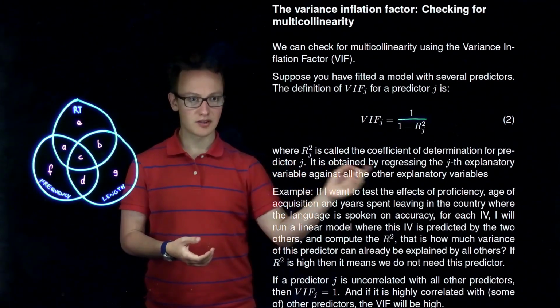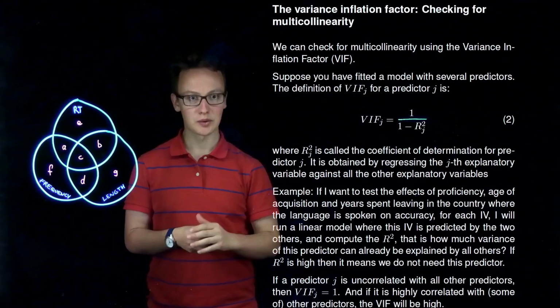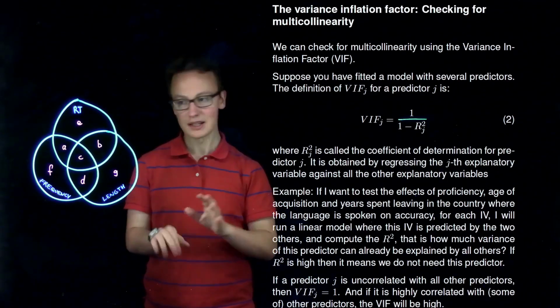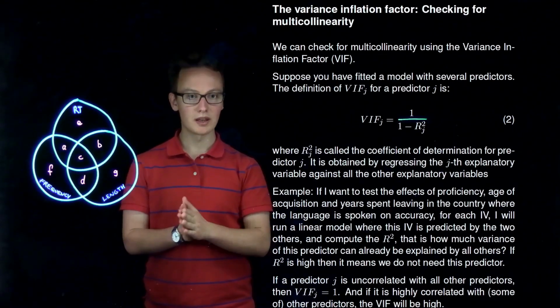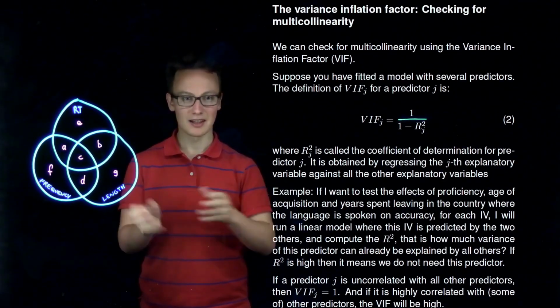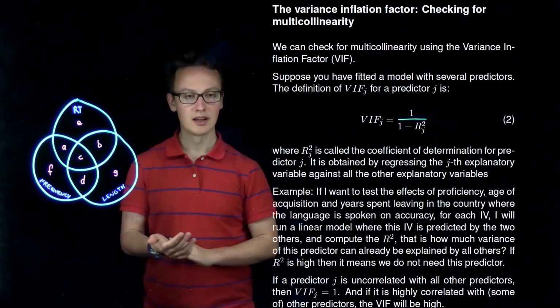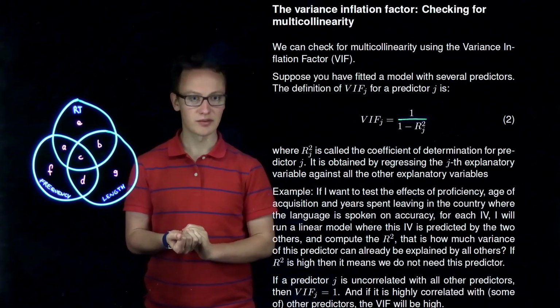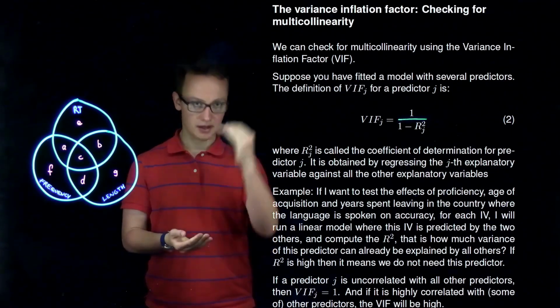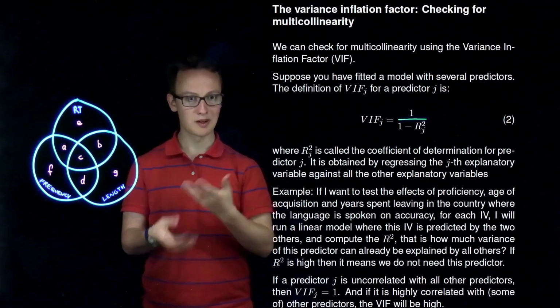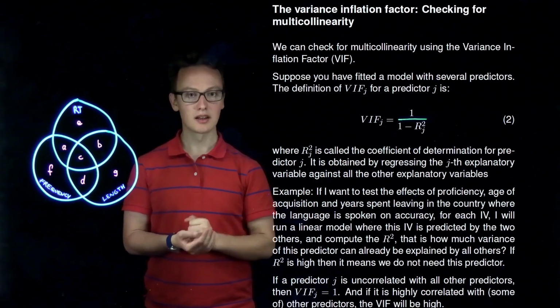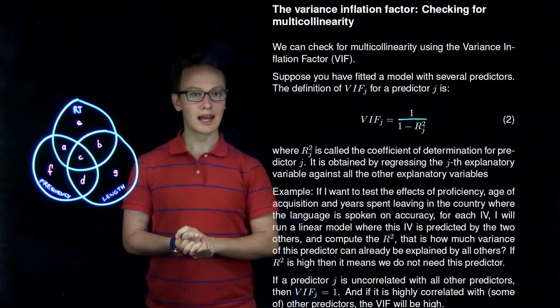Whereas if this r squared were 1, that would mean that the entire variance of my predictor, let's say frequency, my predictor j, would be already explained by other predictors. That means that there's no unique variance left that's just based on frequency alone. So it can range between 0 and 1, those are its boundaries. It tells us how much variance of the predictor is explained.